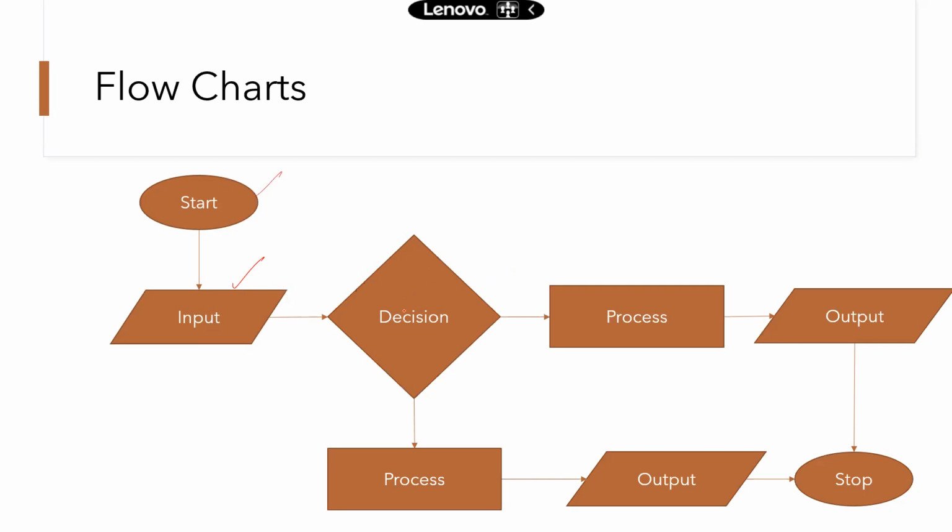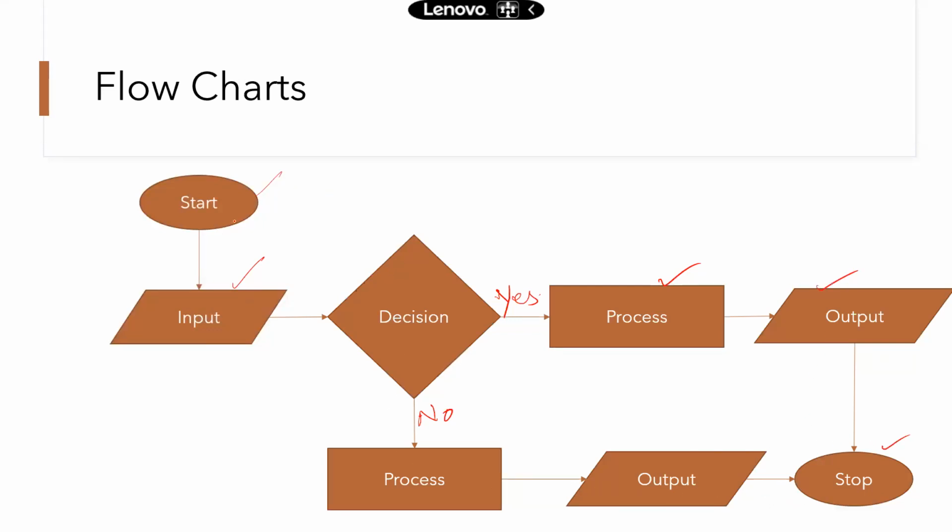If the condition within this decision box is true, we proceed towards yes, and if it's not true, we proceed towards no. If we go towards yes, then there is a process box, then an output box, and a stop. And the same is the case over here.